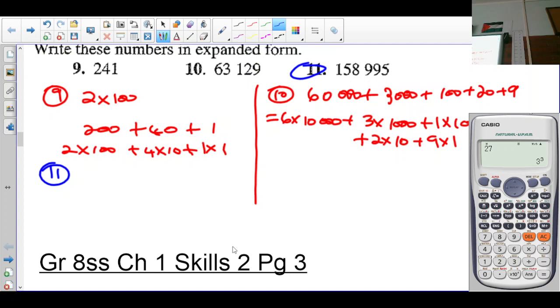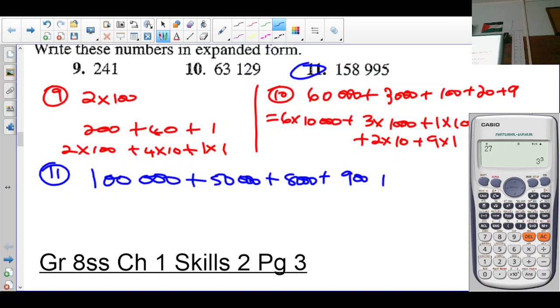Who can say that number first? 158,995. Correct? So this can be written as what? 100,000, not so? Plus 50,000 plus 8,000 plus 900 plus 90 plus 5.